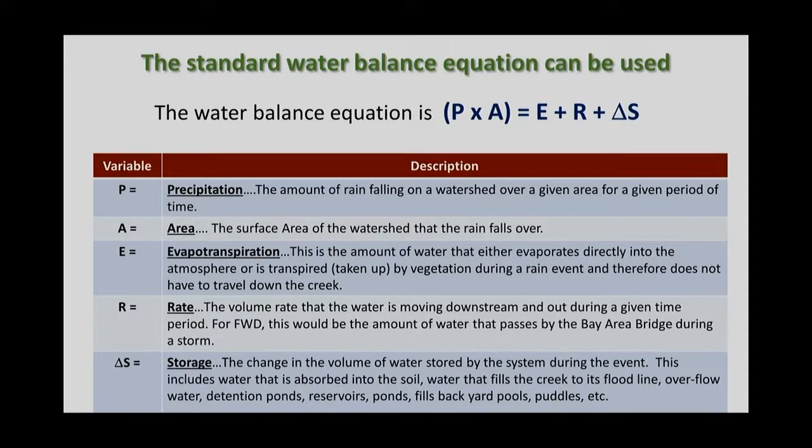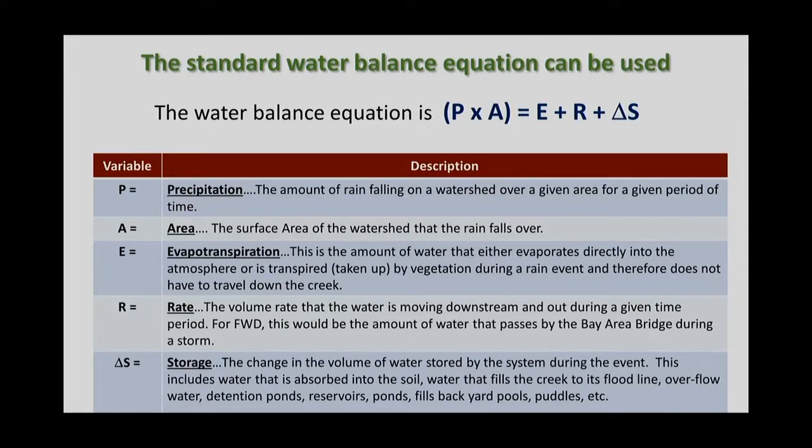Then on the right side of the equation is a very interesting term called evapotranspiration, which is simply the amount of water that's soaked into the ground or the amount of water that's evaporated into the air. And of course, then you've got the rate at which the water is moving downstream, and then what's called change in storage.